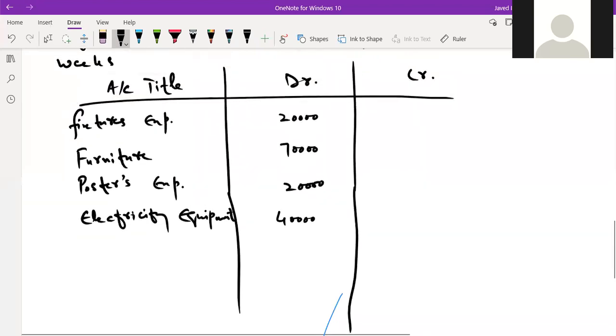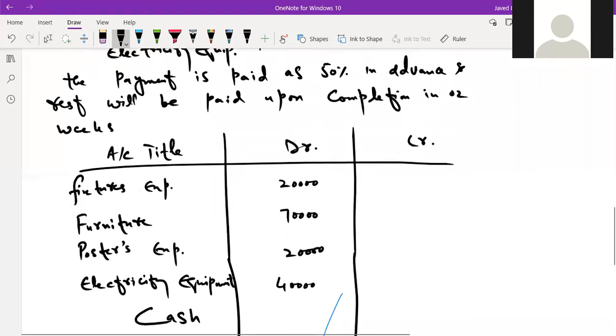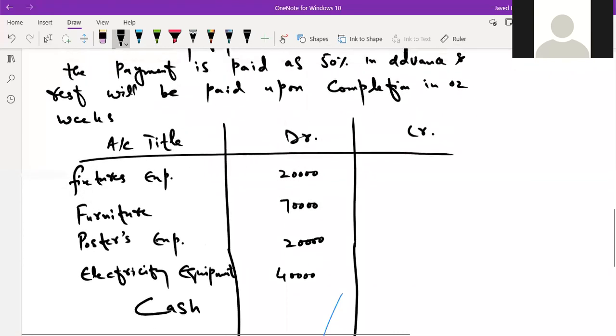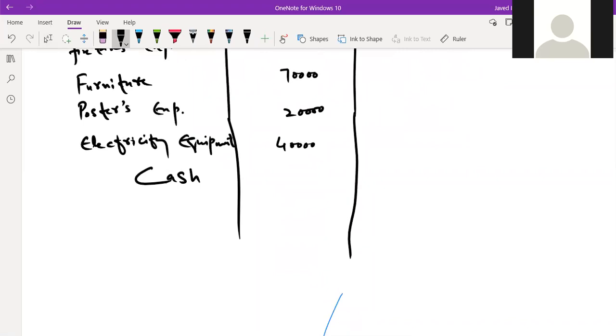So now the total amount payable to this furnishing firm is 150,000, of which we have paid 50% in cash, since we want to carry out this business, so we have to pay 50% in advance. 50% of 150,000 is basically 75,000, and the rest is payable.